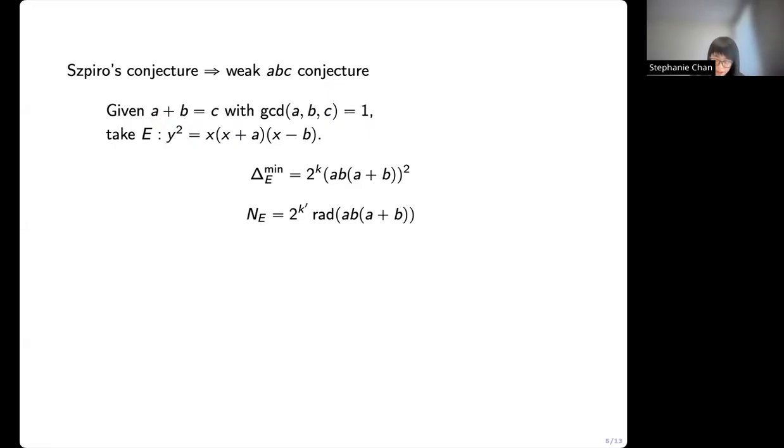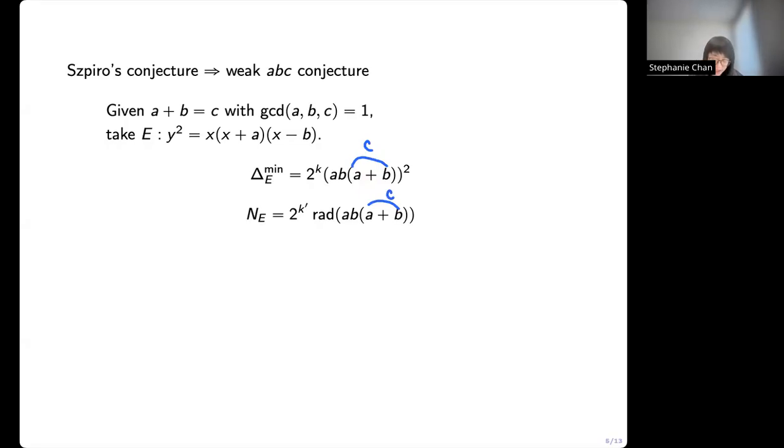You see that the discriminant has the form A times B times A plus B, all squared, and since we have an ABC triple, this A plus B is precisely the C that comes from the triple. The conductor here is precisely, up to some factor of 2, the radical of A times B times C.